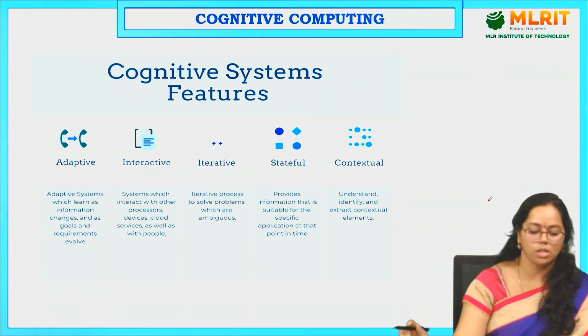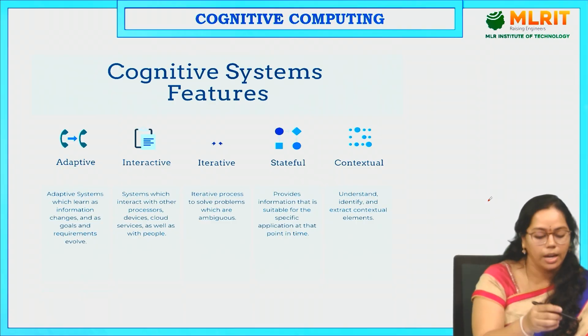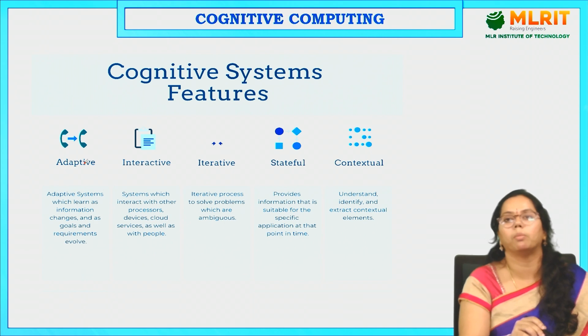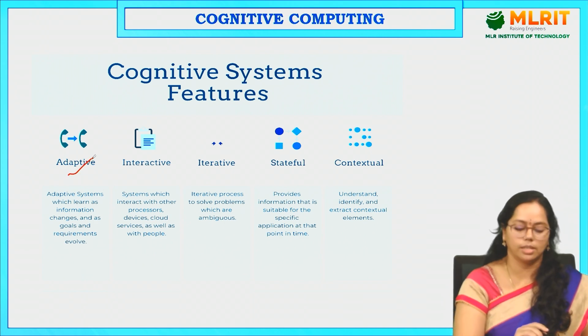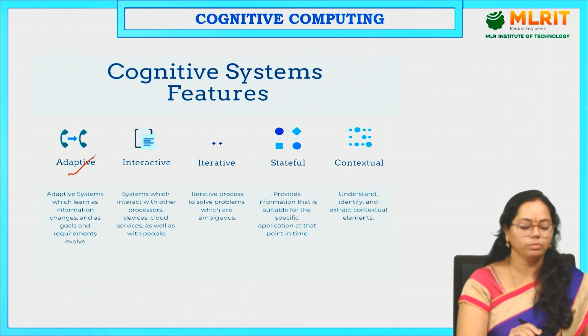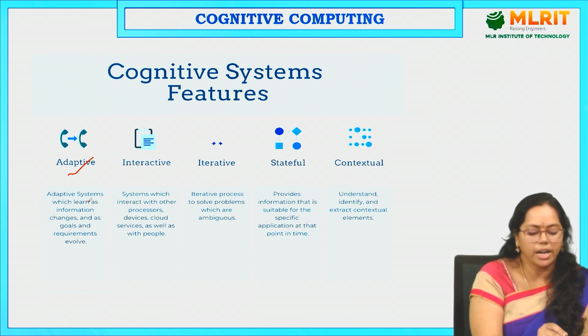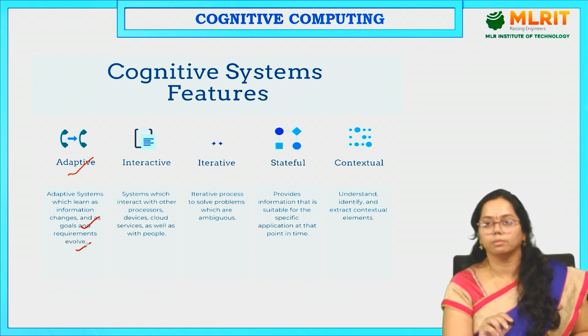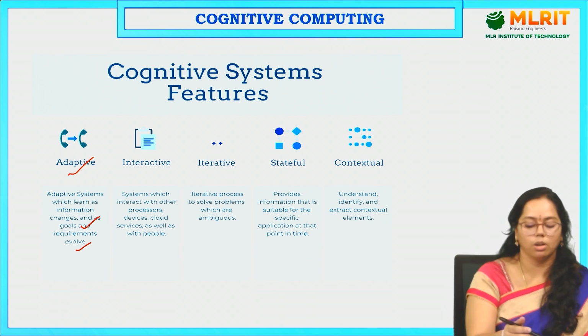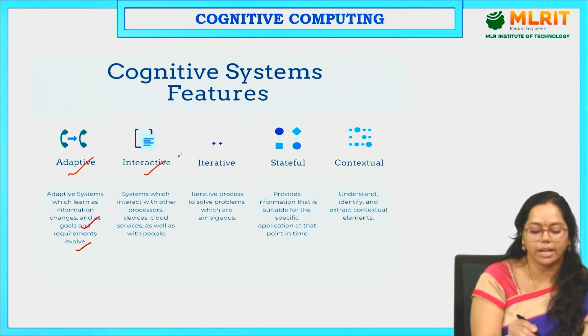What are the features in a cognitive system? When we are talking about a few features, one major feature is adaptive. We are adapting a system which learns as information changes and as goals and requirements evolve. The other is interactive.